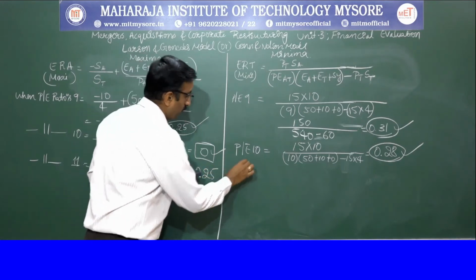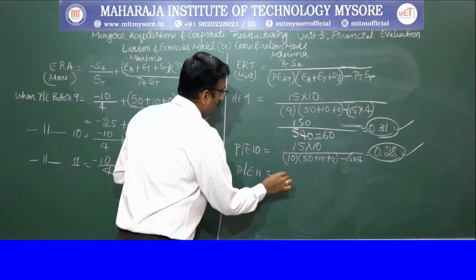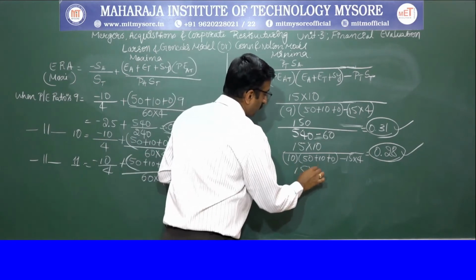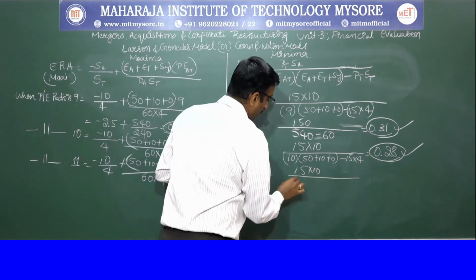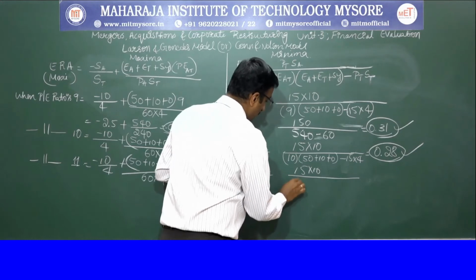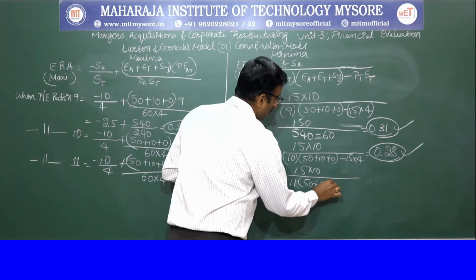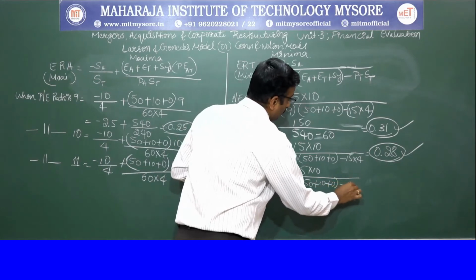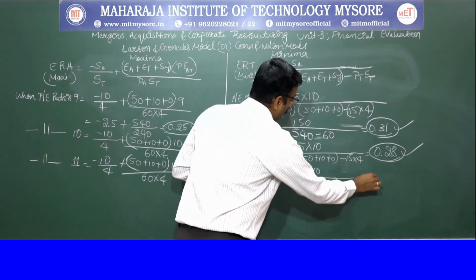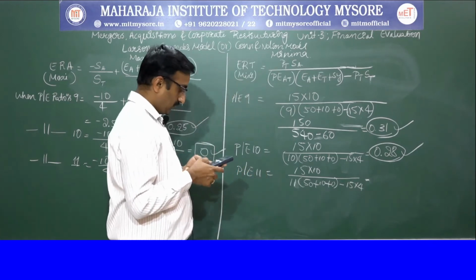Same thing you take for mini, that is 15 into 10 divided by 11 into 50 plus 10 plus 0 minus 15 into 4. So do the calculation.